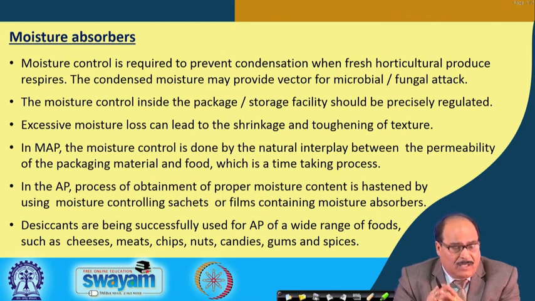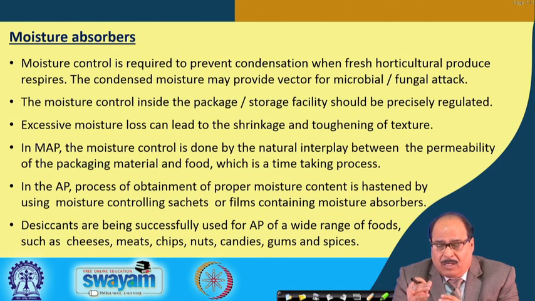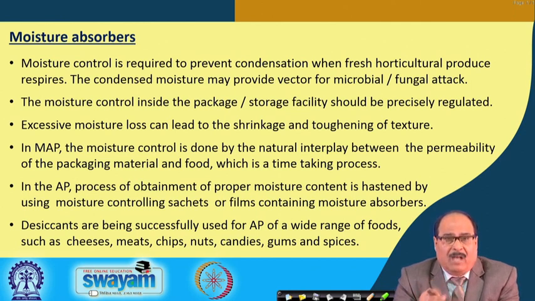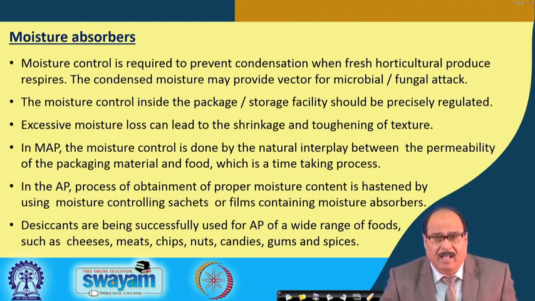So, first of all, moisture absorbers. You all know that moisture control is required to prevent condensation when the fresh horticultural produce respires. Otherwise, if it condenses, the condensed moisture may provide a vector for microbial or fungal attacks, etc., and the commodity may spoil soon.